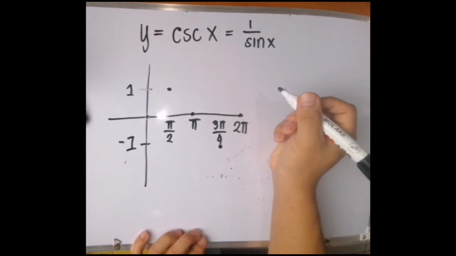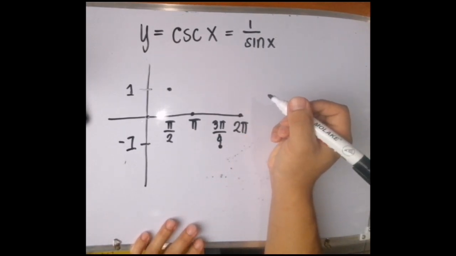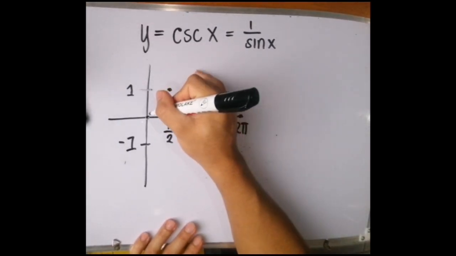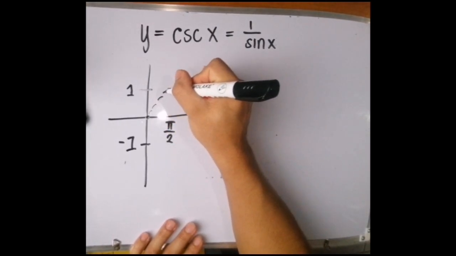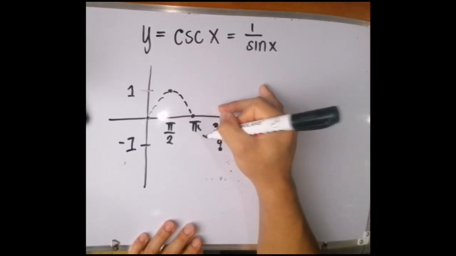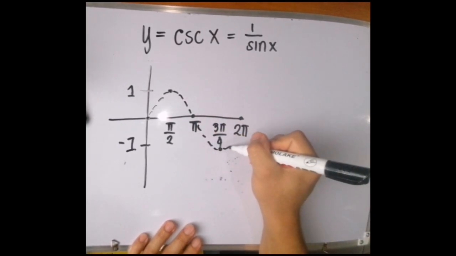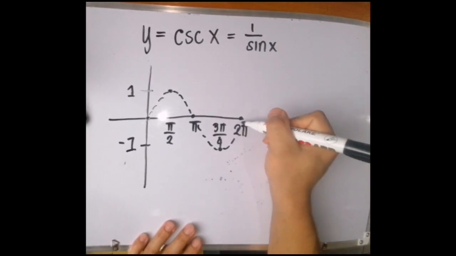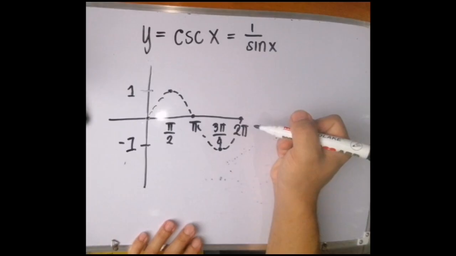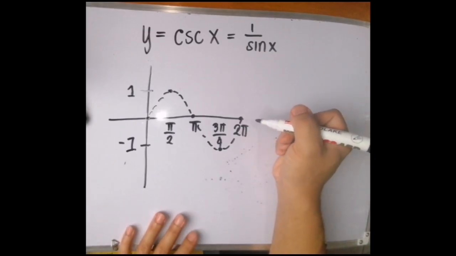So instead of putting a solid line, I will draw a dashed line. Let's draw the vertical asymptotes.